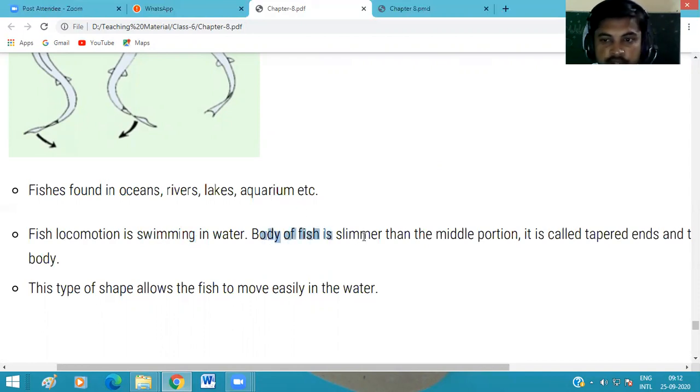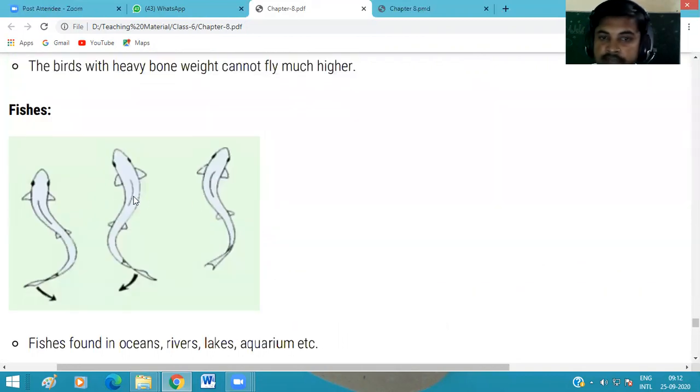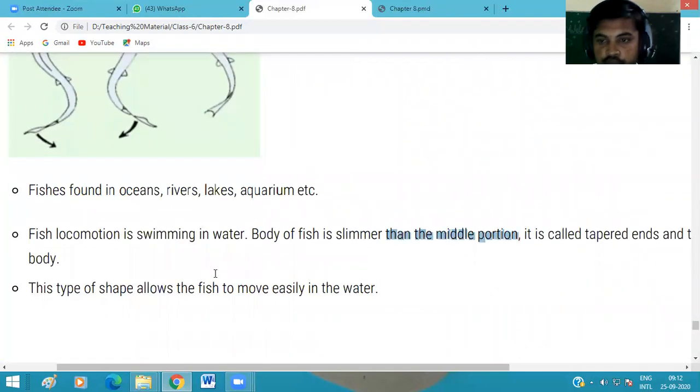Body of fish: when we see the body of a fish, they are slimmer in front and in the tail as compared to the middle portion. It means in the middle it has a thick portion, and in the mouth and in the tail they have a thin portion.